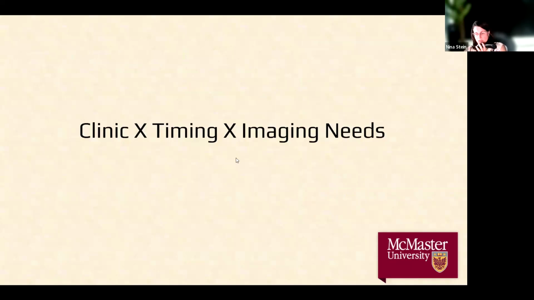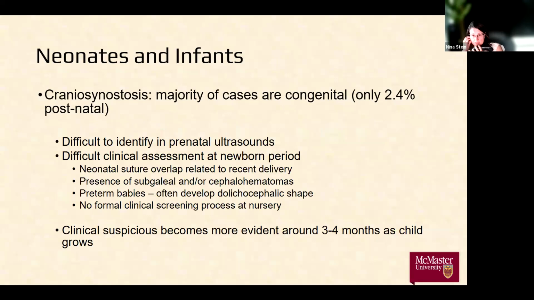So craniosynostosis in imaging has some challenges, and one of them, I believe Dr. Olufemi Ajani has mentioned, is the fact that the majority of cases will be congenital, and in this age group, it's extremely hard sometimes to differentiate what is a deformity related to birth or cephalohematoma, or even if the patients are premature, sometimes they just have this more dolichocephalic shape that reminds of scaphocephaly.